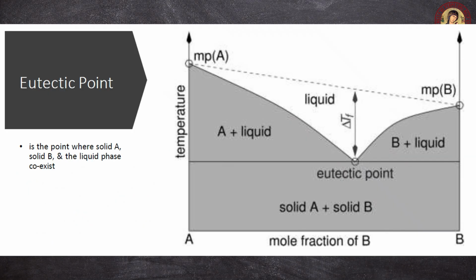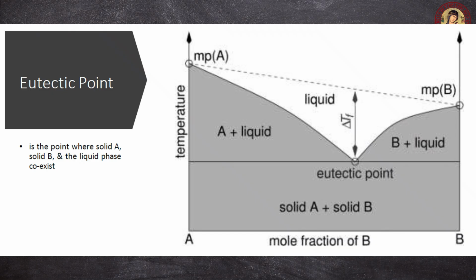The eutectic point. In simple terms, this is the lowest possible temperature at which a mixture of 2 solids, let's say solid A and solid B, can melt together into a liquid. At this specific composition and temperature, 3 phases coexist in equilibrium: solid A, solid B, and the liquid phase.